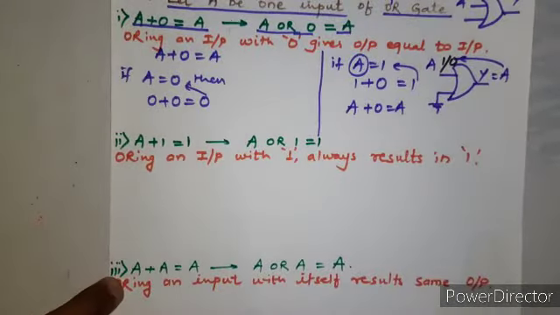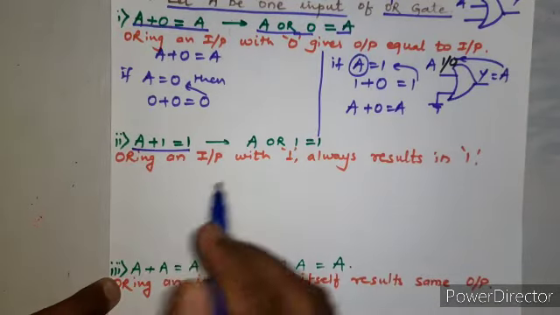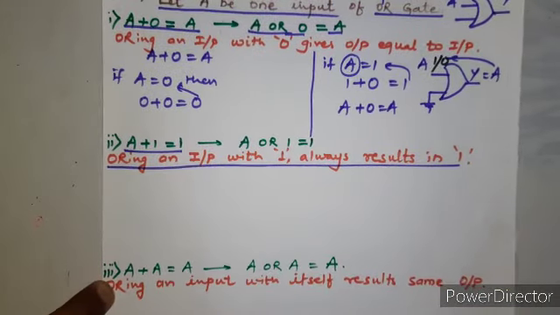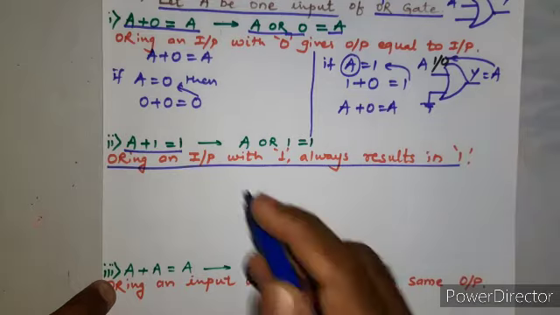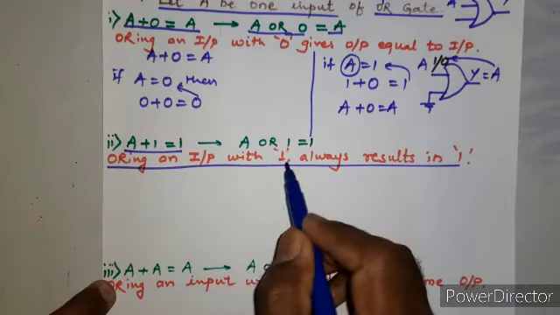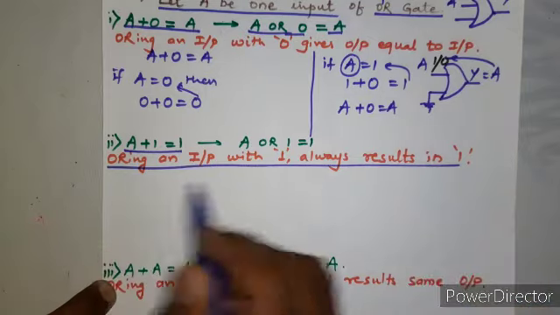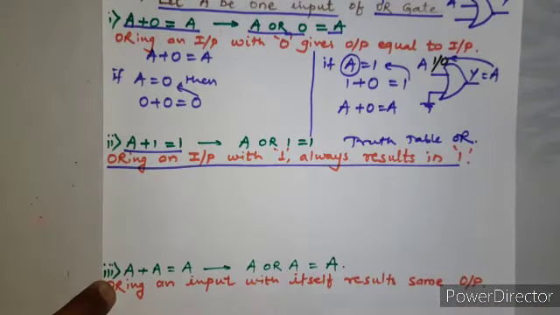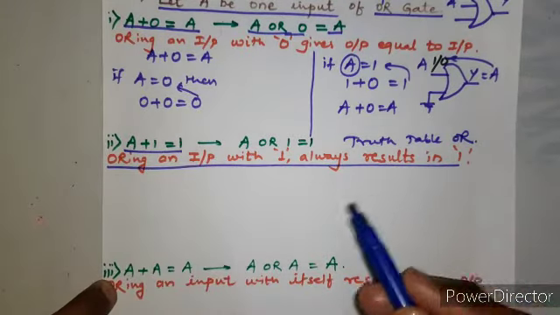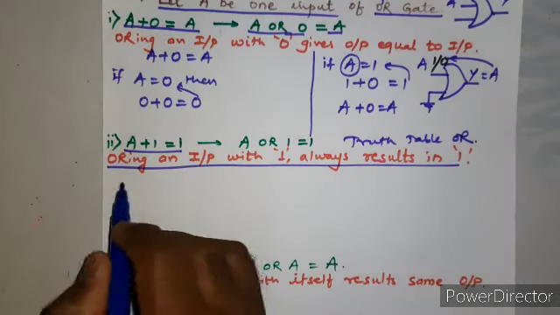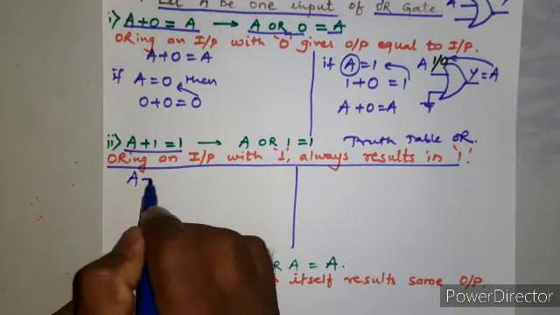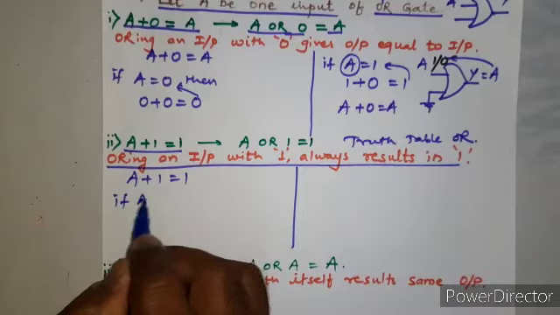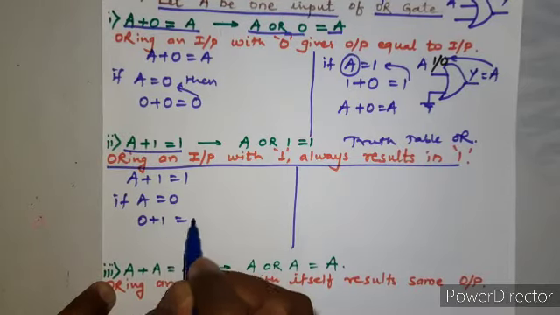Okay, the next is a very important rule. Everywhere you will have the use of this, and in our first couple of examples we have used this. ORing an input with 1 always results in 1. If you refer to the truth table of an OR gate, we have seen this. If any of the inputs is 1, output is 1. Let us try to prove this: A plus 1 equal to 1. If A equals 0, 0 plus 1 is 1.